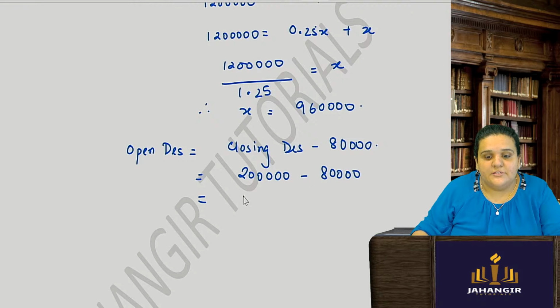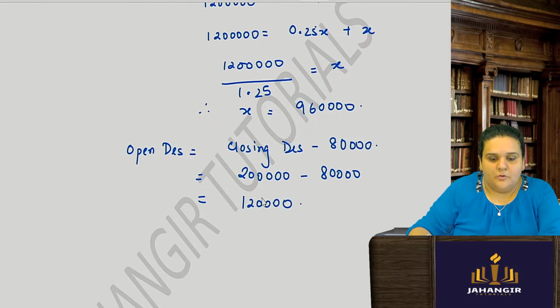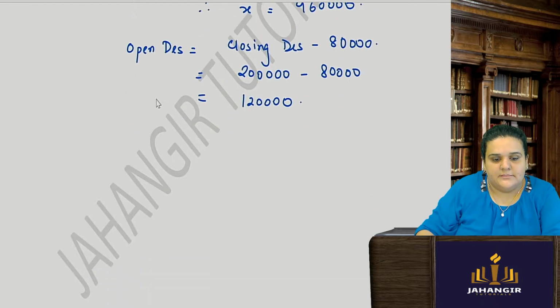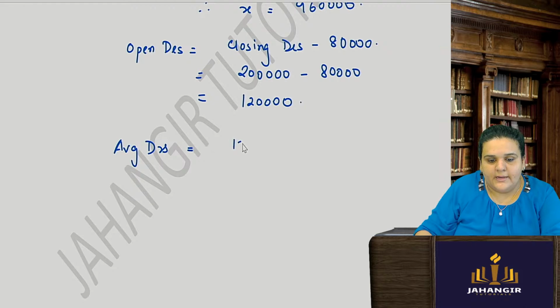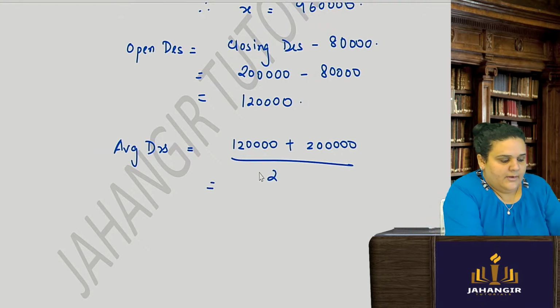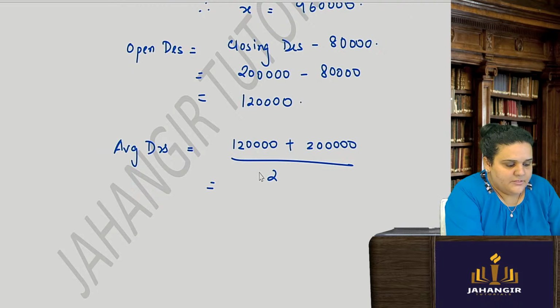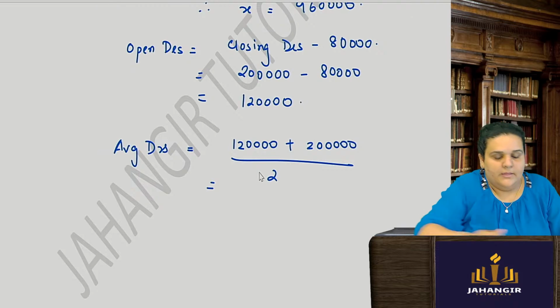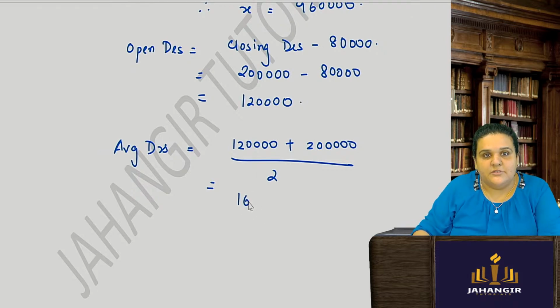Therefore, opening debtors will be 1,20,000. With the help of opening and closing, I can find my average debtors. Average debtors will be opening 1,20,000 plus closing 2 lakhs, divided by 2. That will be equal to 1,60,000 average debtors.